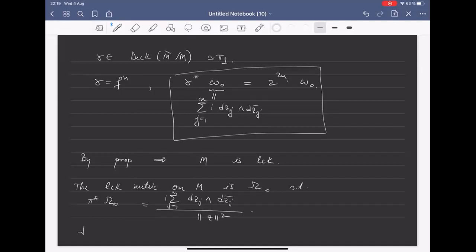And moreover, the differential of the pullback of omega 0 is, if we do the computation, the differential of 1 over the norm squared wedge the standard Kähler form.